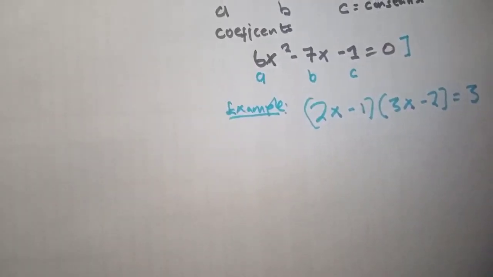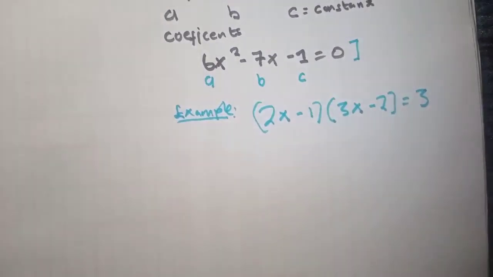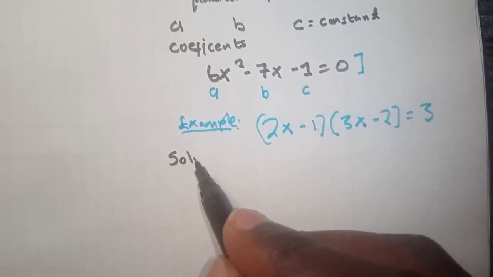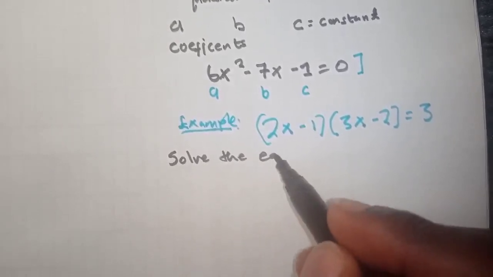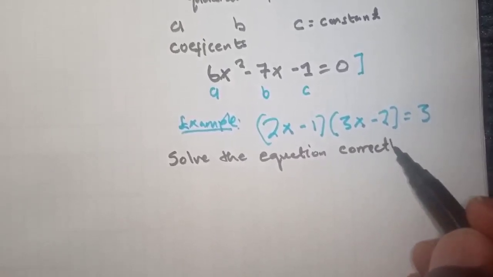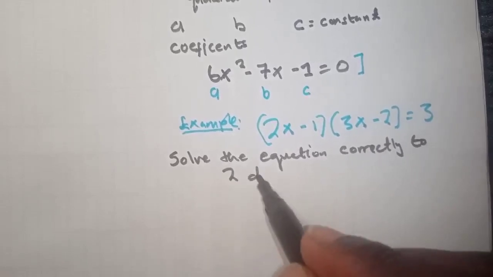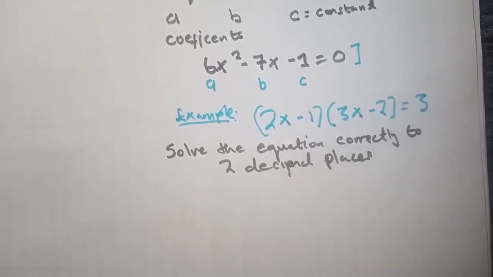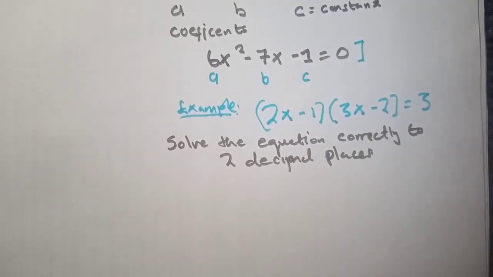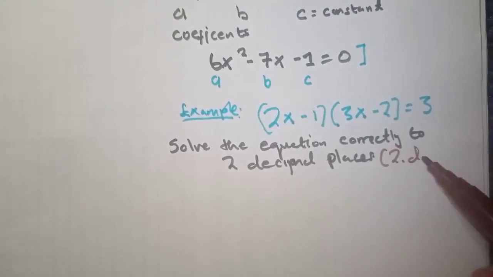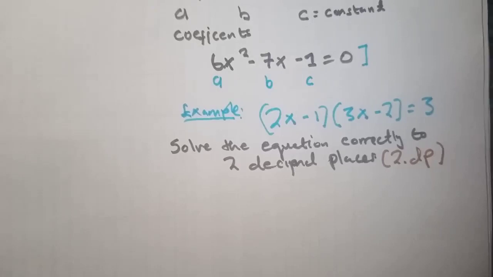Such questions will say: solve the equation correctly to 2 decimal places. All quadratic equations, after you find your answer, you must round them off to 2 decimal places.